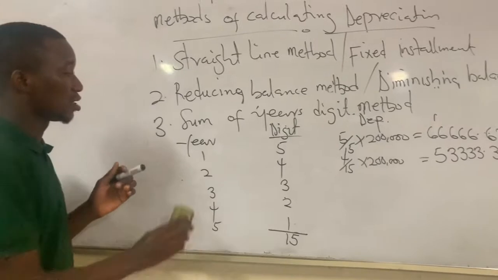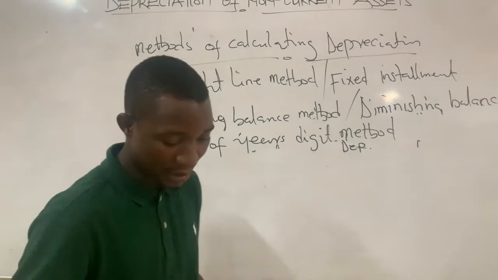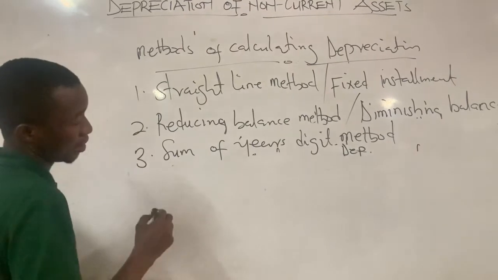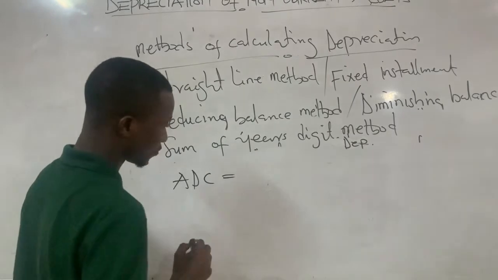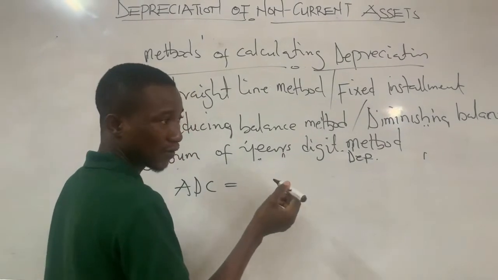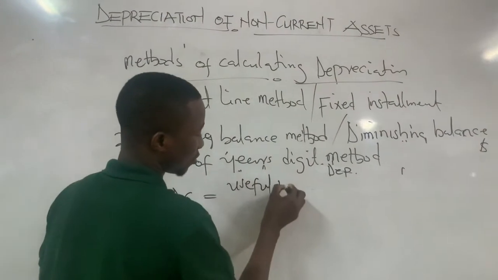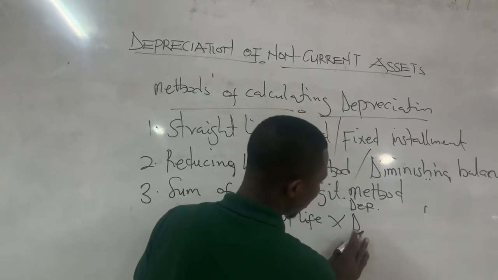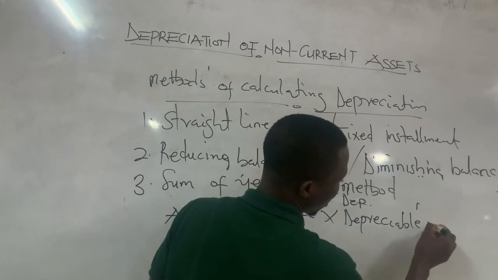So let me give the formula for calculating this. Is that okay? The formula is that the annual depreciation cost is going to be the life of the asset, that is the estimated useful life, multiplied by the depreciable amount, or the depreciable value.